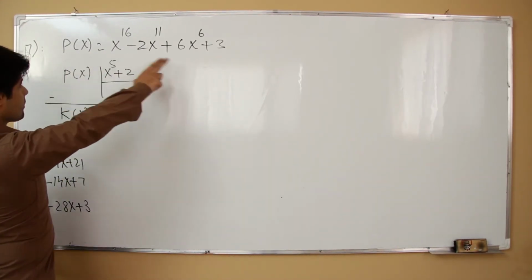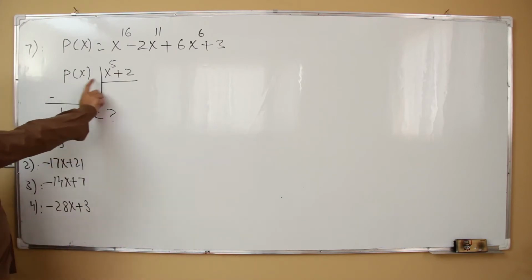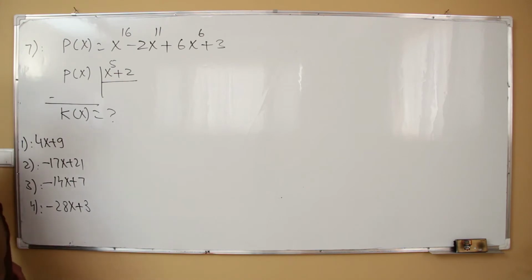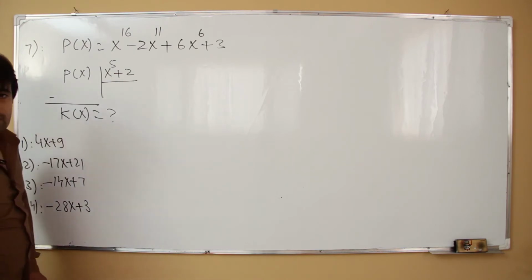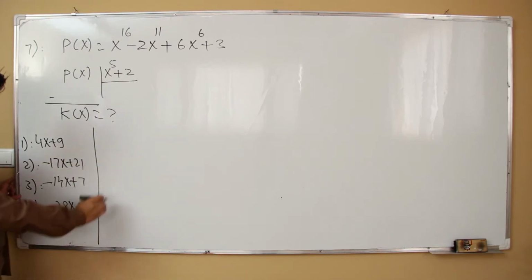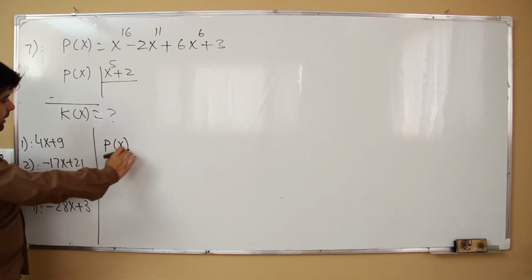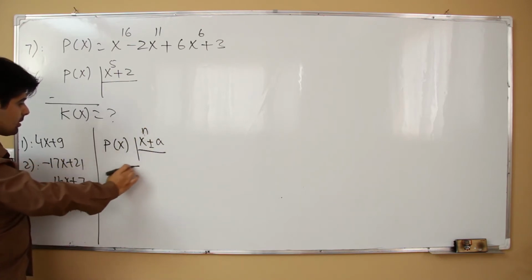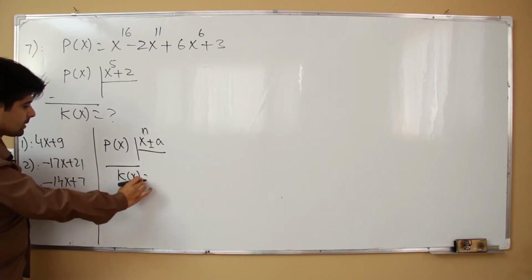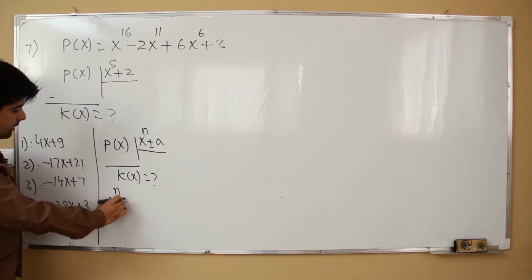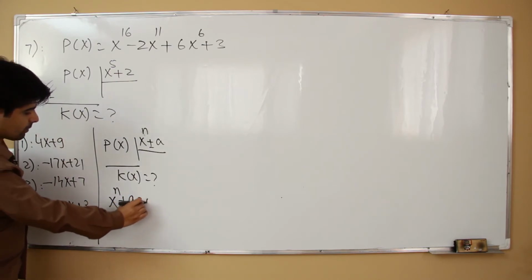Px is given, this one. Px is divided by x to the power 5 plus 2. Then what is the remainder? I think in the previous lecture we defined that whenever you want to divide a polynomial by x to the power n plus or minus a, you have to equal this one to 0: x to the power n plus a or minus a equals 0.